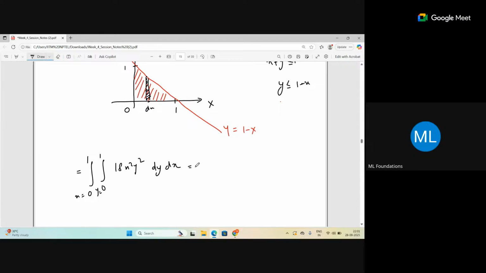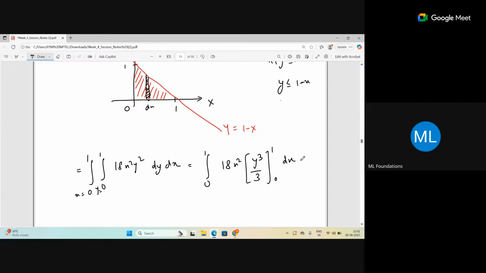First I integrate with respect to y. 18 x square stays outside, as x is treated as a constant. The integration of y square is y cube by 3, over the domain 0 to x.